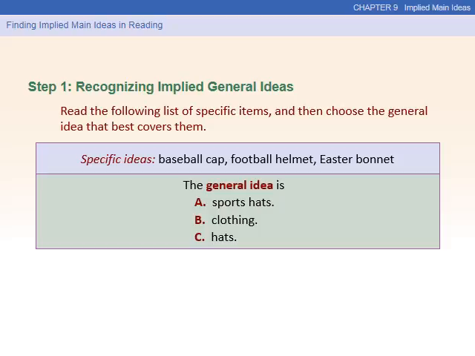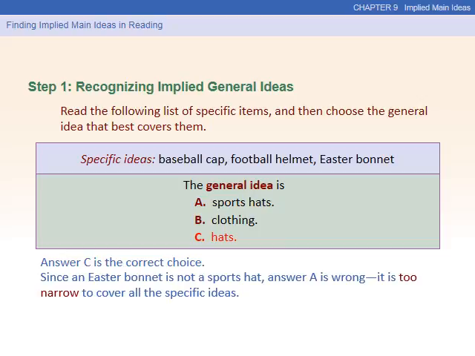Well, a baseball cap and a football helmet are both sports hats, but an Easter bonnet isn't, so we can't choose that one. The next one is clothing. In a sense, yeah, they're all kinds of clothing, but that is a very, very general statement because it doesn't talk about shirts or shoes or any other kind of clothing. It only talks about, and here's our answer, it only talks about hats.